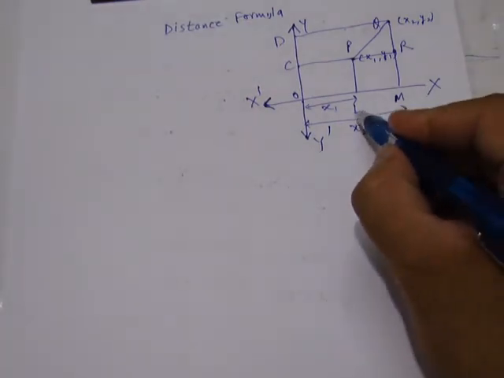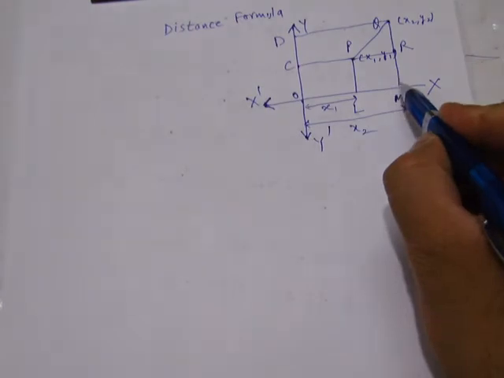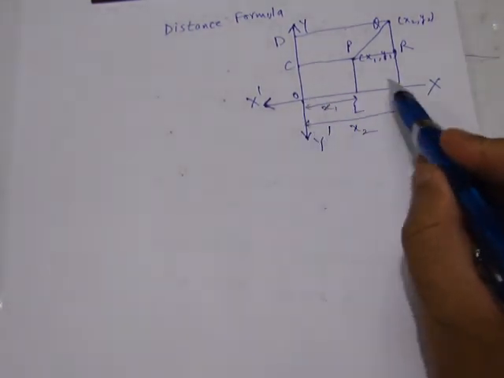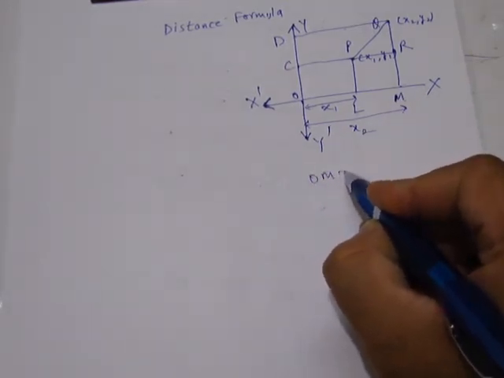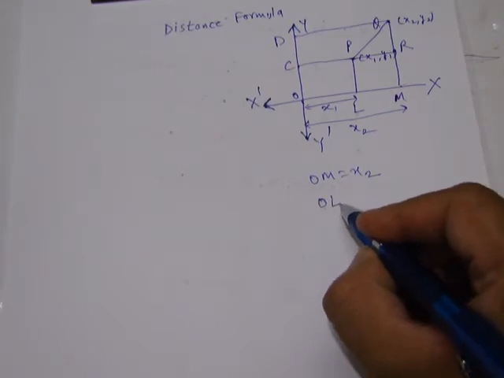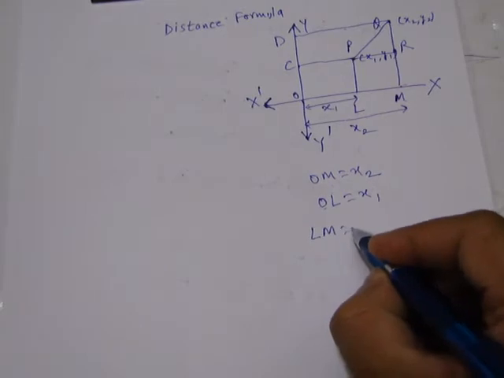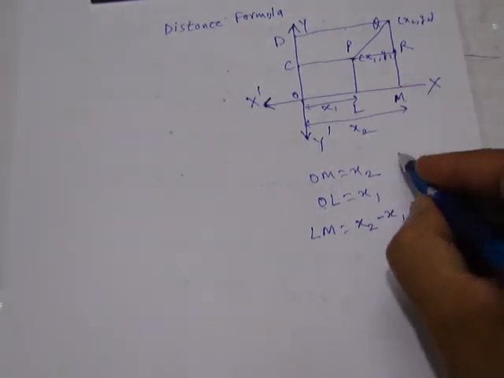It means, what is LM? LM is basically OM minus OL. OM is x2 and OL is x1. So LM will be x2 minus x1.